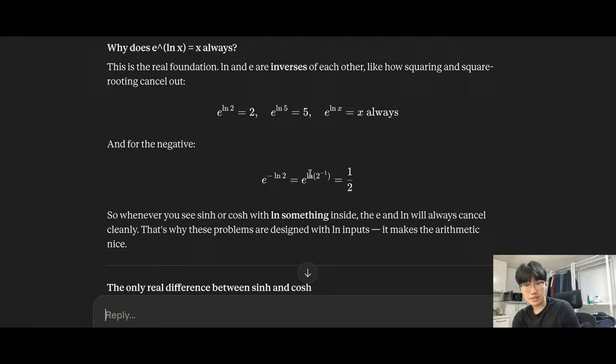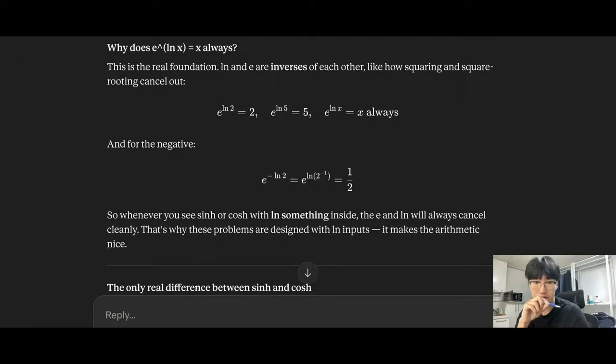So basically, e and ln will always cancel cleanly.